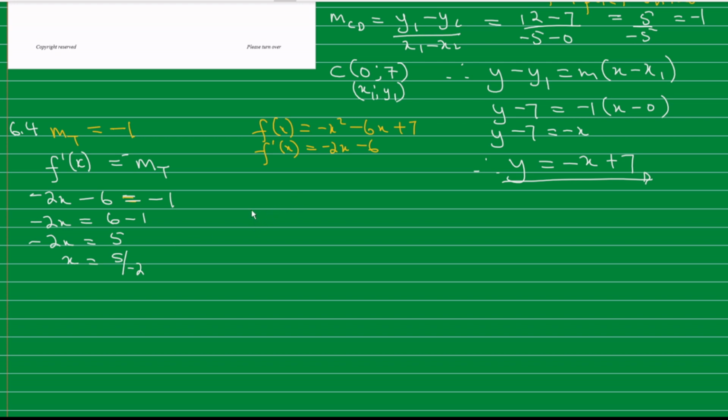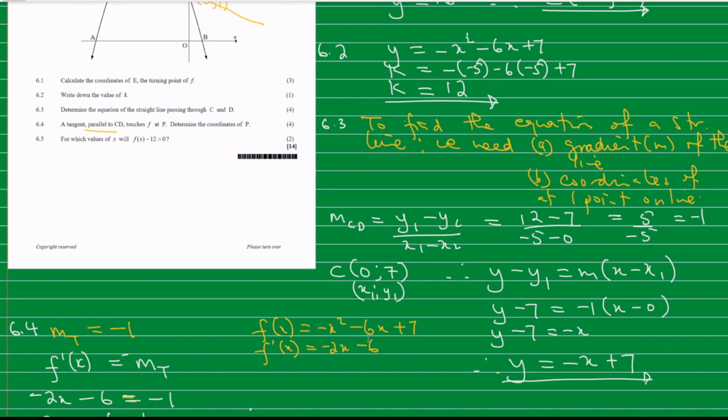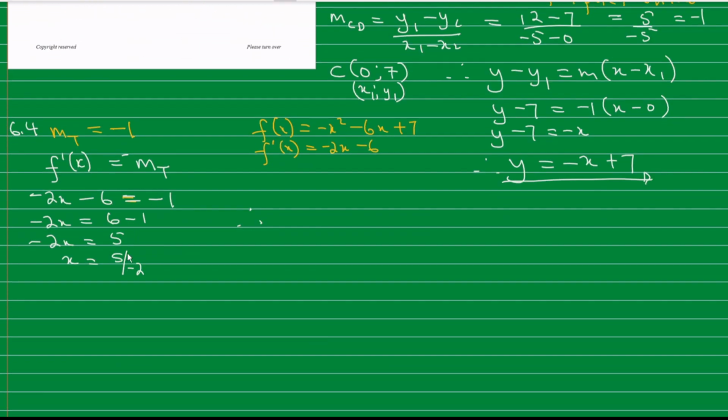Now we need to find the value of y. Remember, if we are going to find the coordinates of P, we need to find the x value and the y value. So this is the x coordinate.